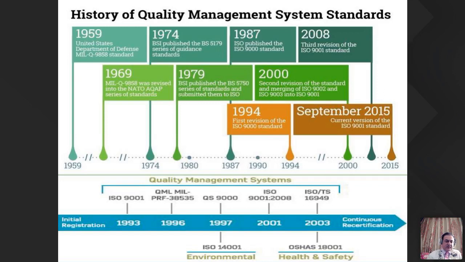The International Standardization Organization started establishing a lot of standards in different industries. You can see that in environment, in health and safety, occupational health and safety, in administration, in ICT, in so many disciplines. So it is up to the industry to select what kind of system they want to implement and apply.